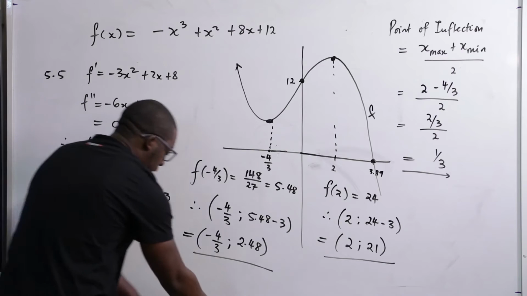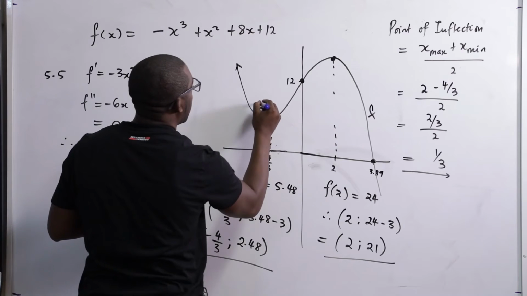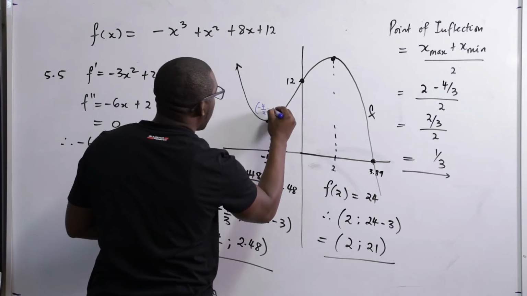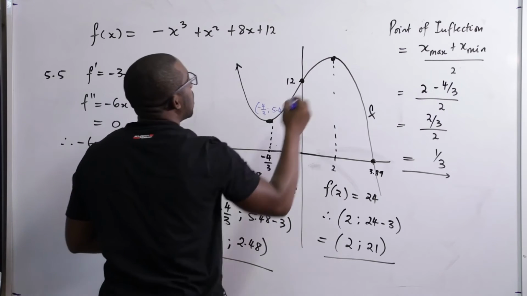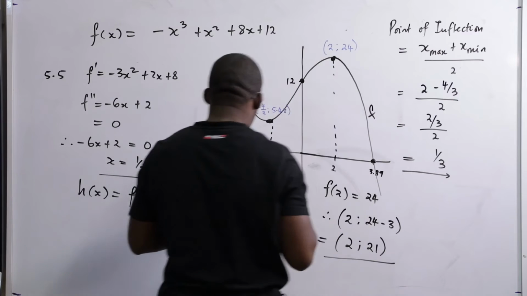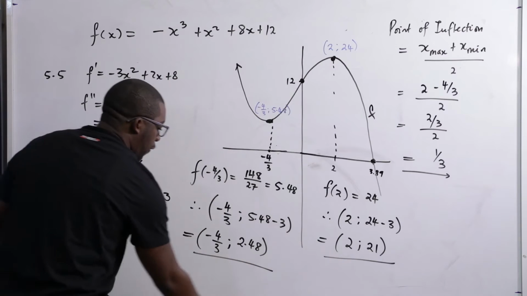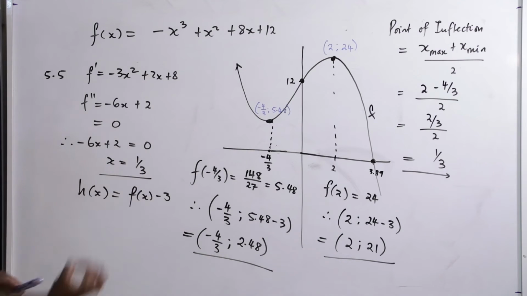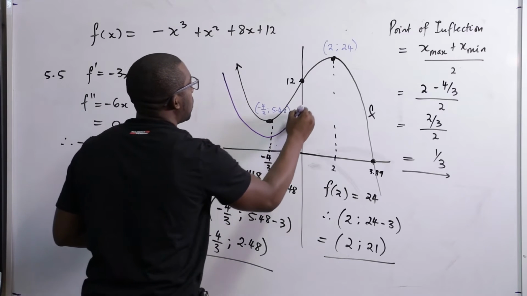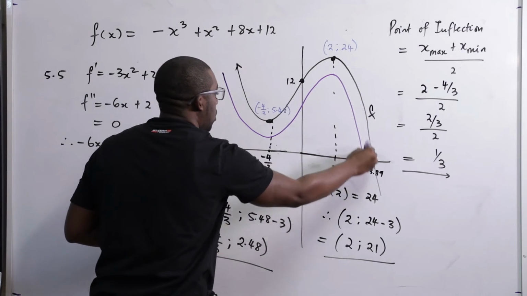So the turning point here was negative 4 over 3 and 5.48. Here the turning point was 2 and 24. The new graph has simply been shifted 3 units down. So if it's been shifted 3 units down, this is the new graph.